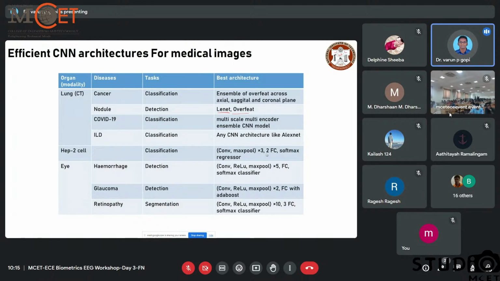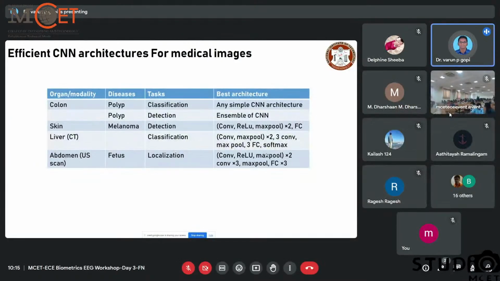And next is retinopathy. In retinopathy, we can go with 10 convolution layers and 3 fully connected layers with a softmax layer. So these are the examples. And for colon, we have polyps: for polyp classification, any simple CNN architecture.